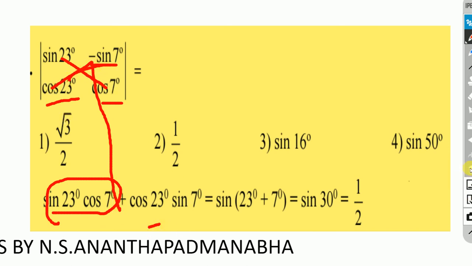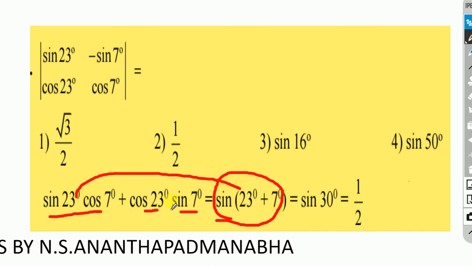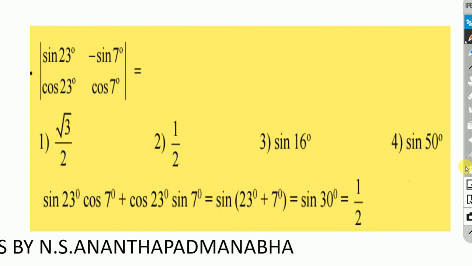So this is in the form of sin A cos B plus cos A sin B, which is nothing but sin of A plus B. That is, A is 23 degrees, B is 7 degrees. Sin of 23 plus 7 is sin 30. So sin 30 we know it is 1 by 2. So option 2 is the right answer for this question.